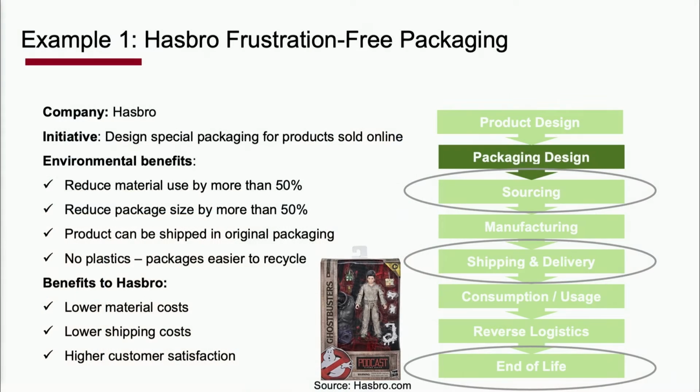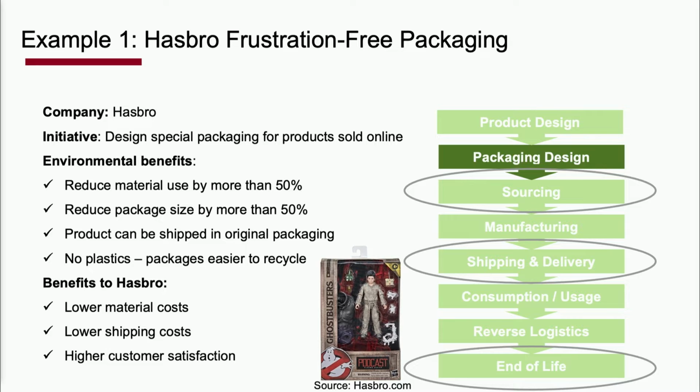The first example is of toy manufacturer Hasbro and their frustration-free packaging. At the bottom of this slide, you can see a picture of one of the toys that they sell. It's a set of Ghostbusters figures. And as you can see, the packaging is relatively big. All the parts are spread apart so that it's easier for shoppers to see what exactly is inside.